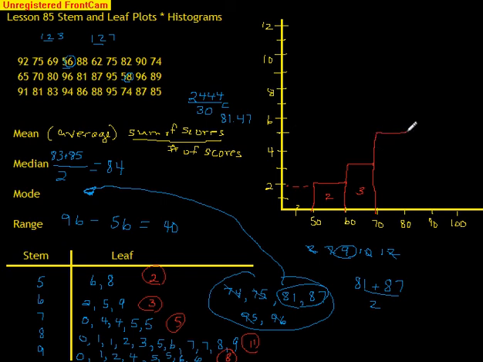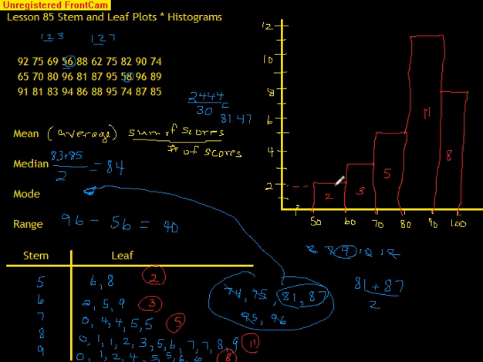It's easier on paper. And then between 80 and 90, we have 11. So I'm going to take this almost to the top, and come back down. You don't have to write the numbers in because the graph over here lets you know how many there are. And then there are 8 between 90 and 100.